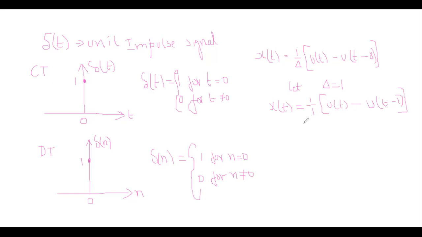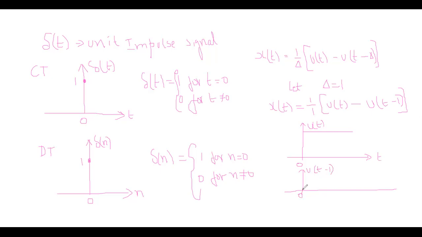What is the μ(t)? In graphical representation, the μ(t) is like this. μ(t) for the t value starts from 0 here. What is the μ(t − 1)? μ(t − 1) means shifting of one sample towards the right side.